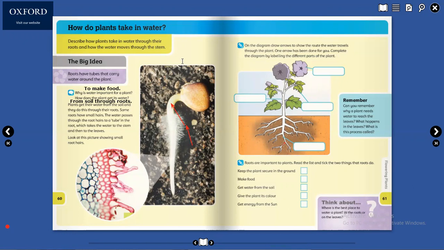So how can we draw arrows? You can see water comes from the roots, then goes up from here. You will draw arrows like this, and it goes into the leaves like this, and then the other parts. That's how you will make the arrow.